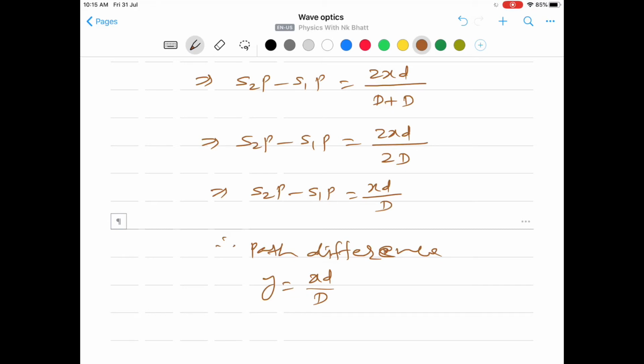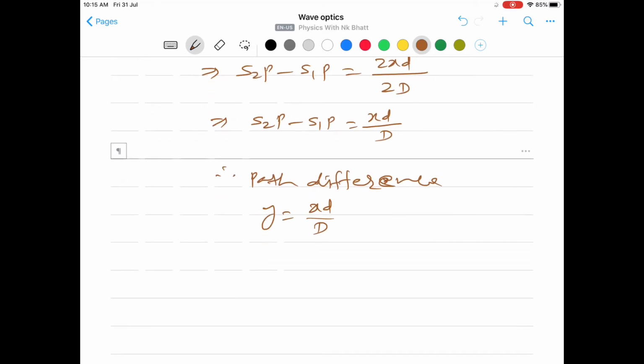Now we will use one more important result that connects this path difference to the phase difference.